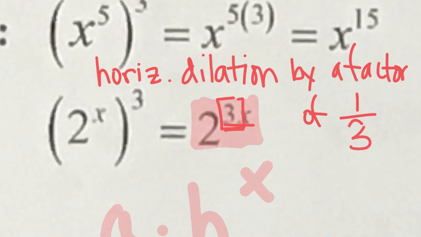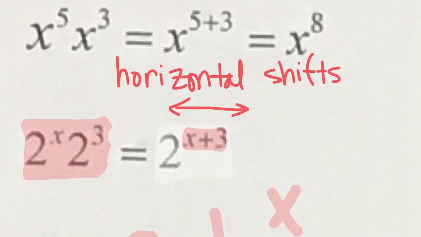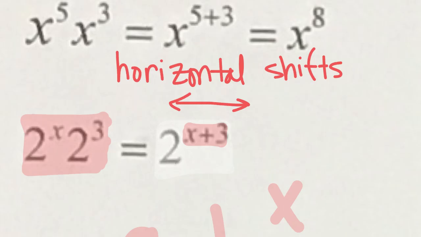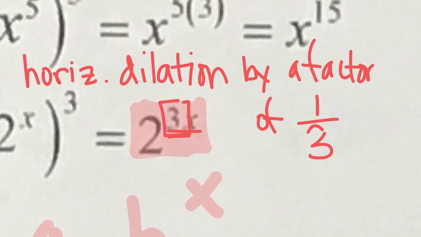Because anything with x is an opposite. Over here, when we had our plus, which direction does a plus go when it's with x? To the left. So x plus 3 is a left 3 unit shift, or a horizontal shift left 3 units. It's always opposite. So this multiplication of 3x is actually a dilation by a factor of 1/3.